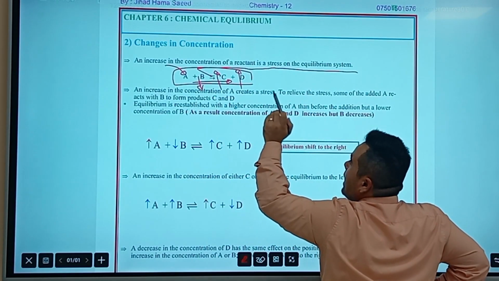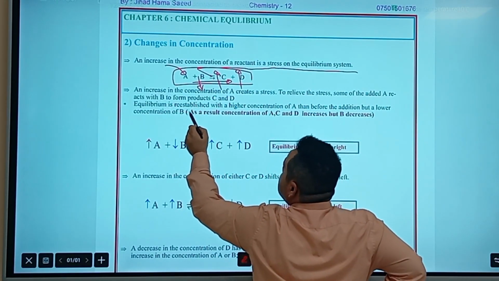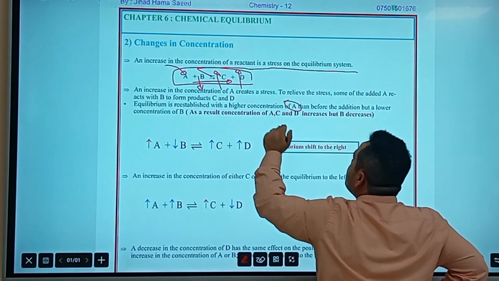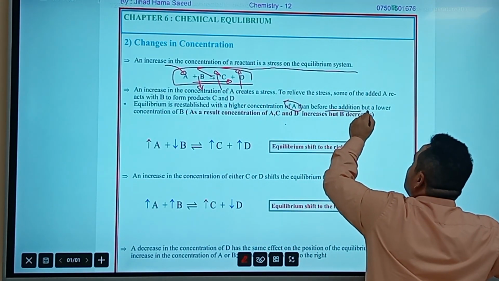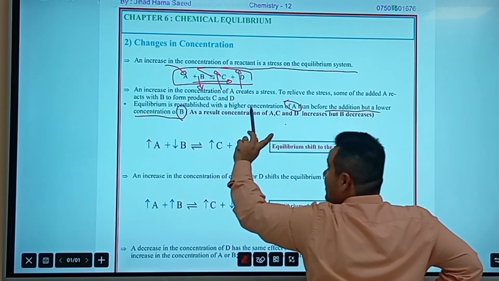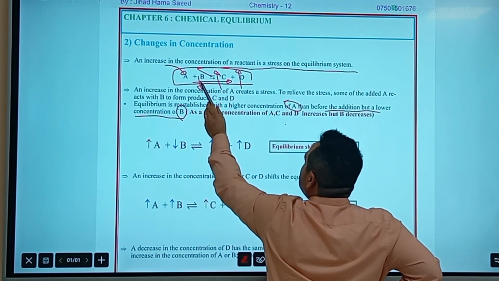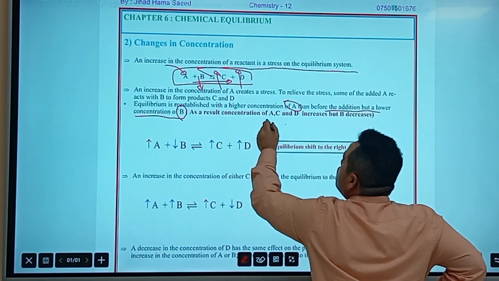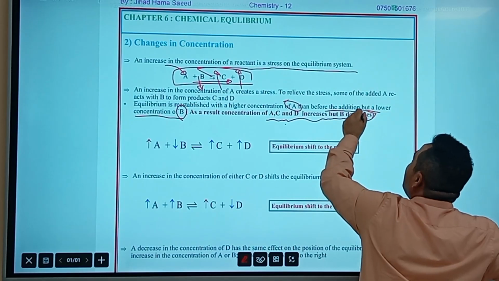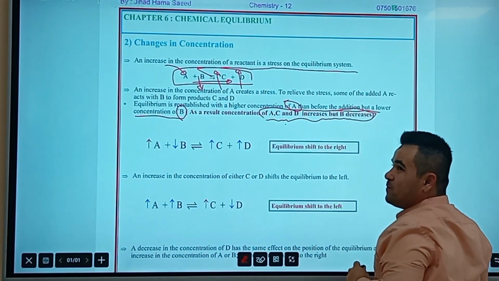Equilibrium is reestablished with a higher concentration of A, because we increased it, but a lower concentration of B. Why? Because B is consumed here. As a result, the concentrations of A, C and D increase, but B decreases.